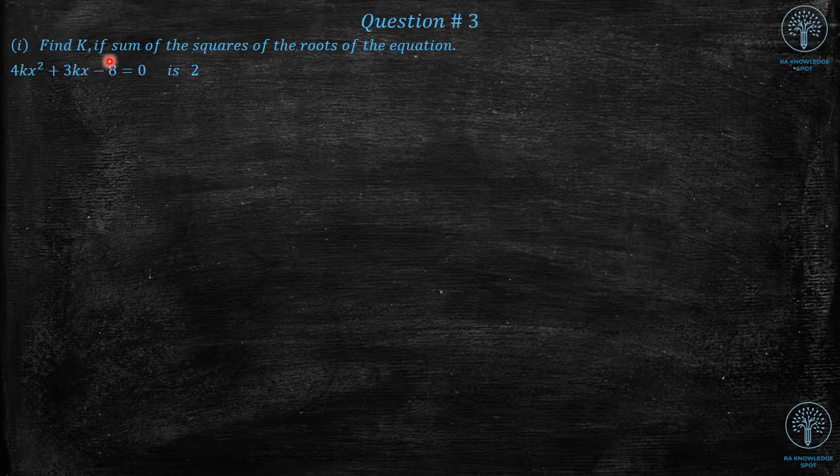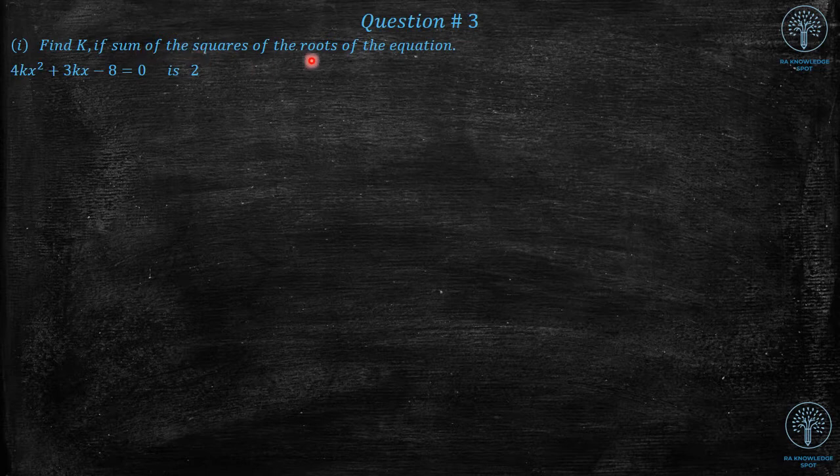Find k if the sum of the squares of the roots of the equation is 2. Now once again read this statement 2 to 3 times so that the question will be simpler for you. Sum of the squares: sum means the main operation is plus or positive sign.